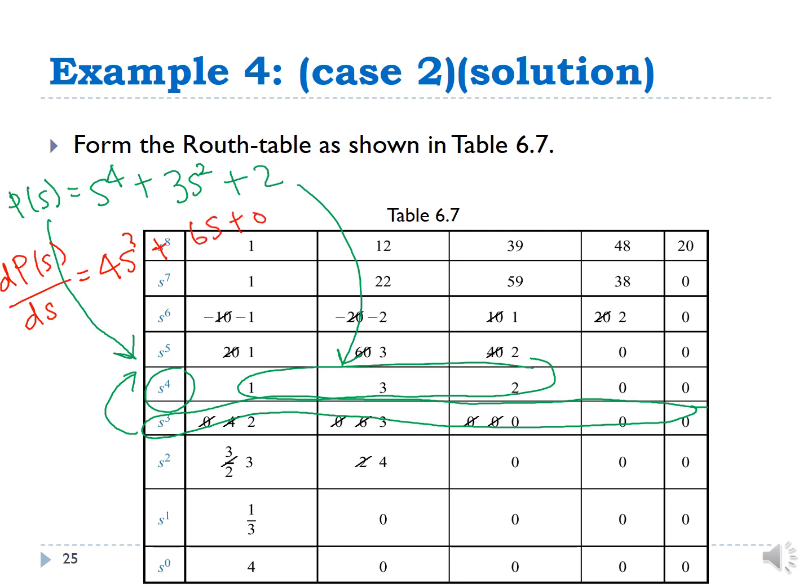Replace the row of zeros with 4, 6, and 0. And you may also multiply the row by 1 over 2 for convenience.